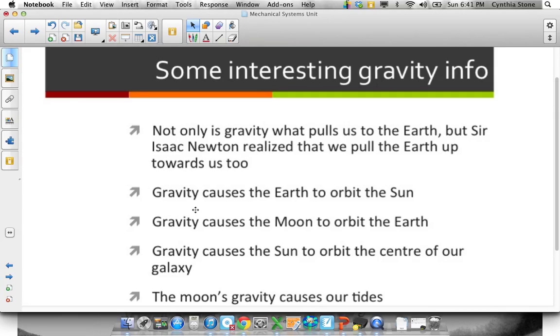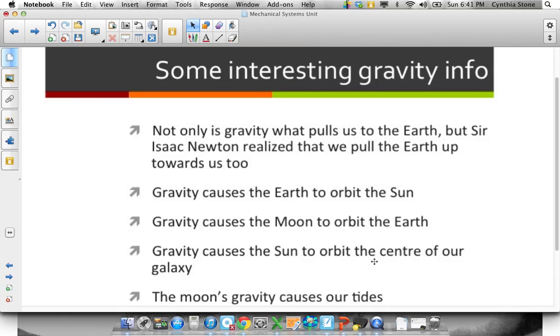Gravity is, of course, what causes the Earth to circle the sun, and gravity is what causes the moon to circle us, and it causes the sun to orbit the center of our galaxy, because of course we're just one little bit on the arm of a galaxy of hundreds of thousands of stars.